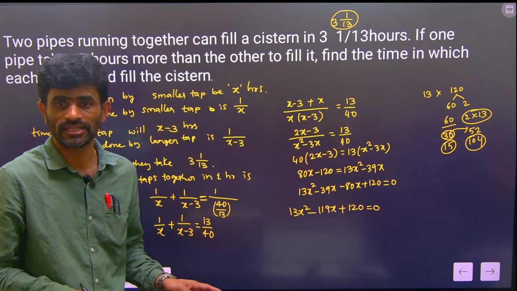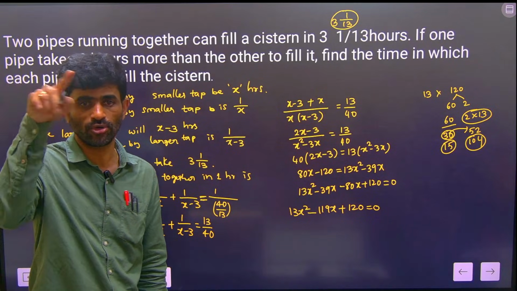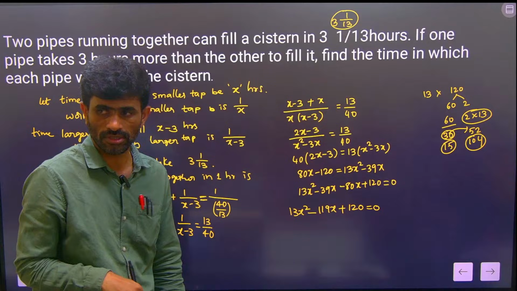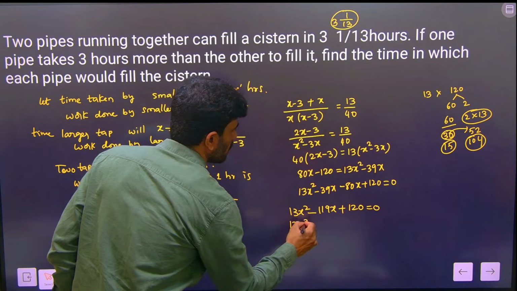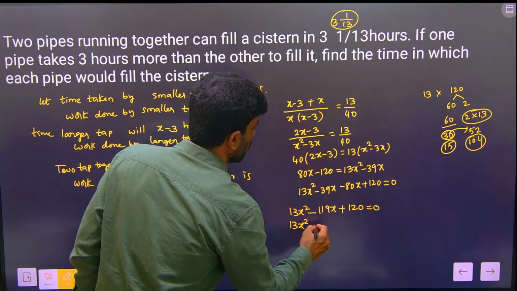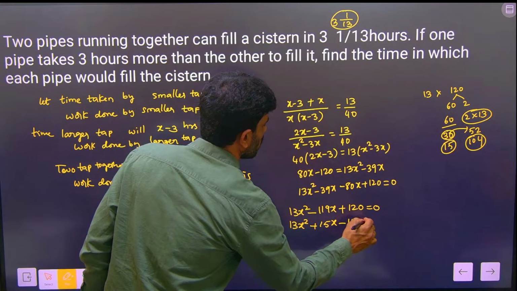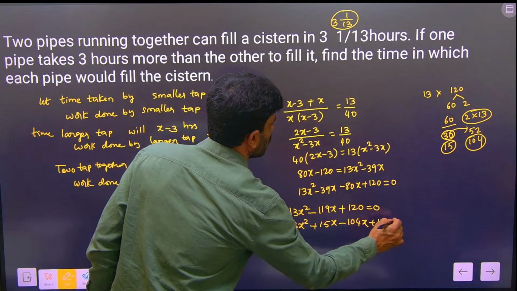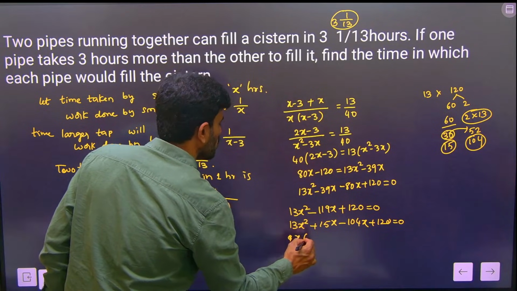If you are not getting it like this, I told you, you practice the minus b formula, but there you have to know what is the square root of the number. You will get one square root; that number's square root is what you have to know. So here 13x square plus 15x minus 104x plus 120 is equal to 0. So we take x common, only x common.